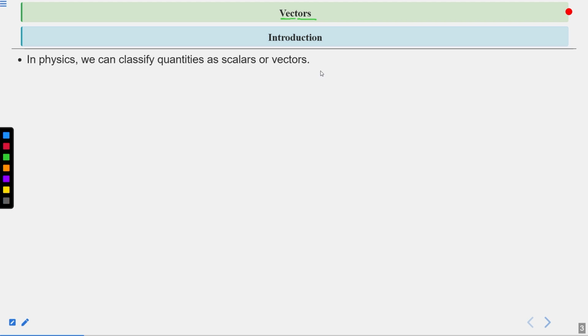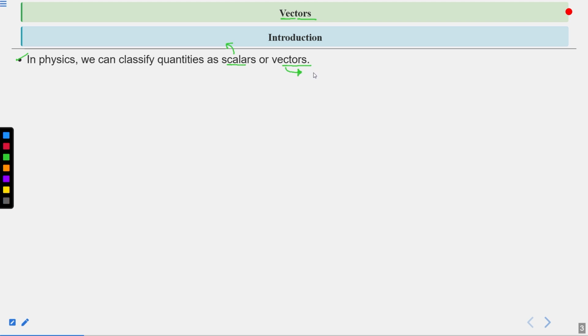In physics we can classify quantities as scalars or vectors. A scalar is a physical quantity which has only magnitude, but a vector is a physical quantity which has both magnitude and direction.